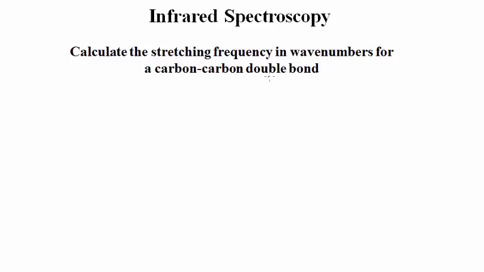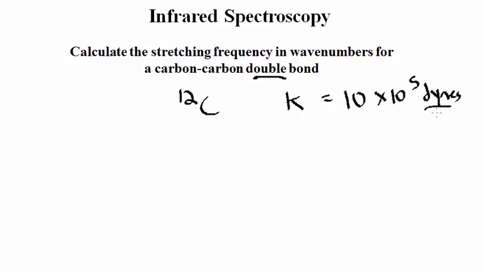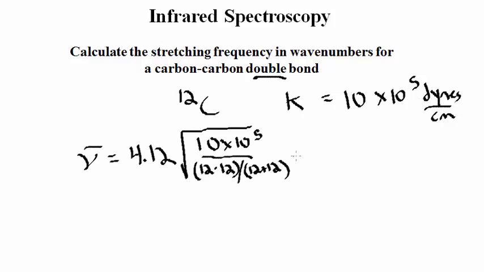Well, let's do another example. Calculate the stretching frequency in wave numbers for a carbon-carbon double bond. Now let's assume that each carbon here is the most abundant isotope, C12. Also, because we have a double bond here, we're going to assume that our force constant is 10 times 10 to the fifth dynes per centimeter.